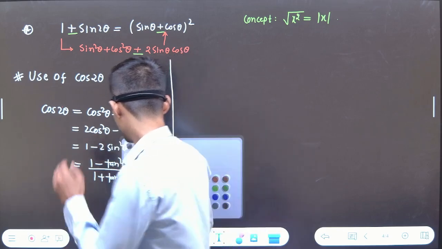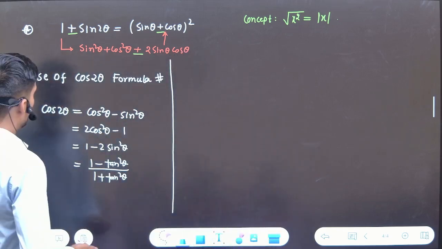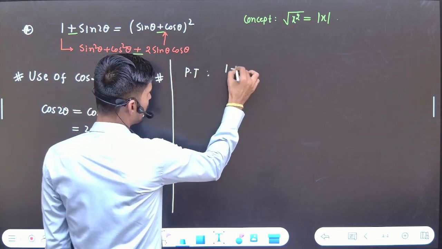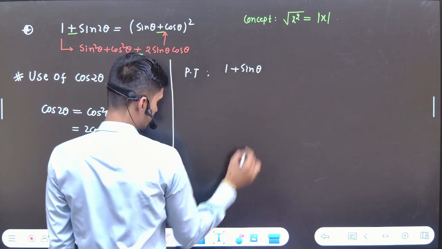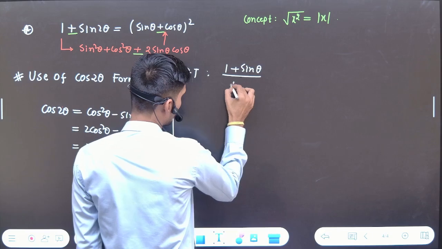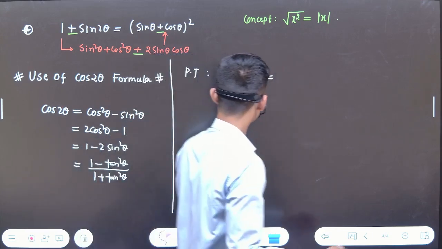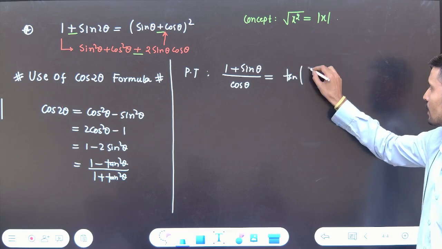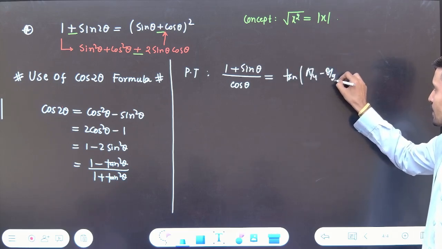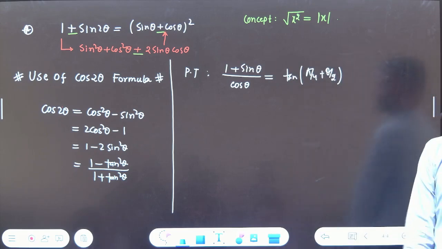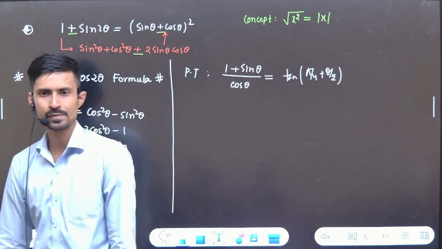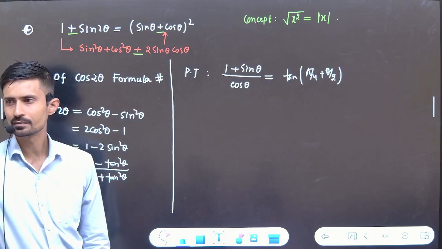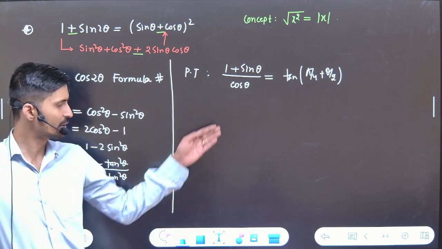But till now, what you have learned till now: prove that (1 plus sine theta) upon cos theta is equals to tan(pi by 4 minus theta by 2 plus...). That is the question. Okay? 3 steps, it will be solved if you remember.